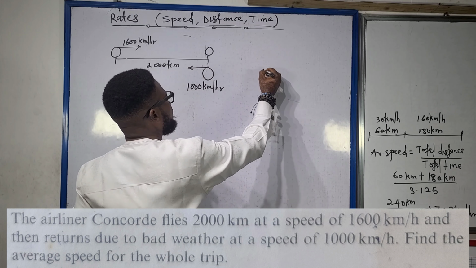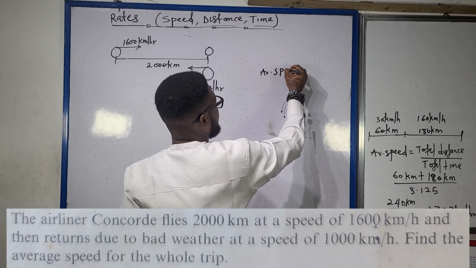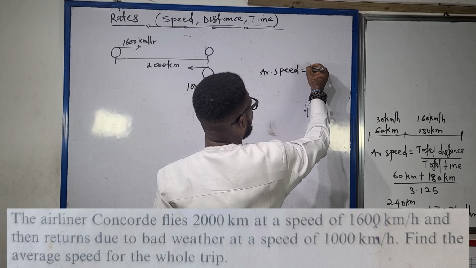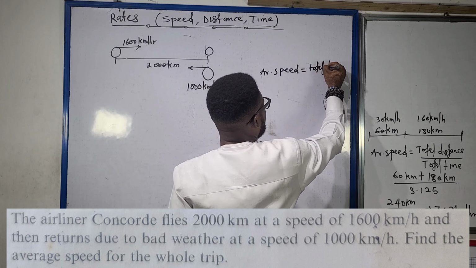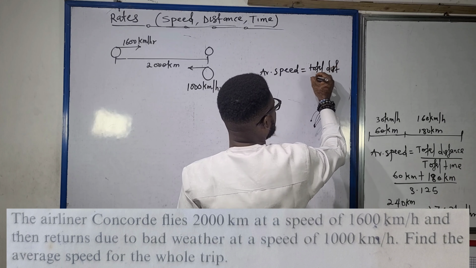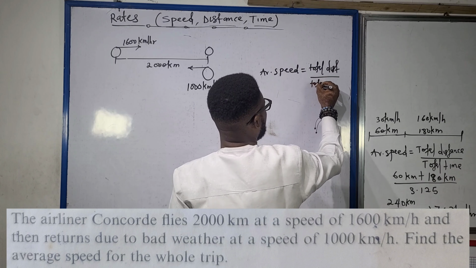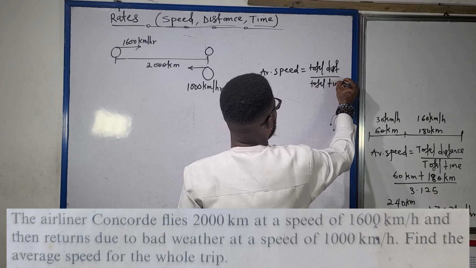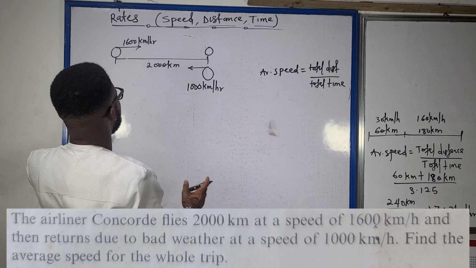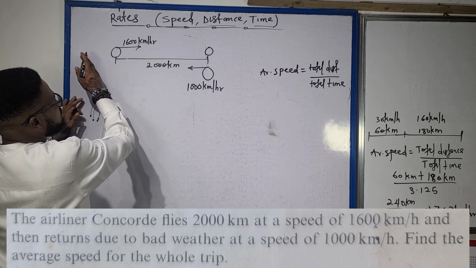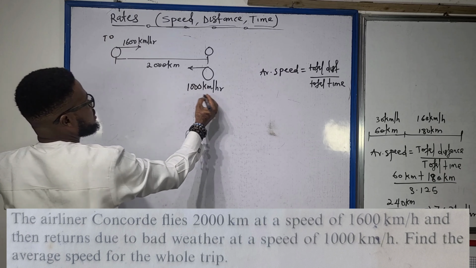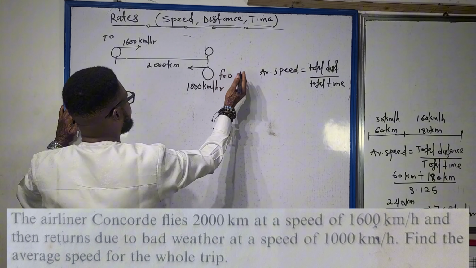If you're looking for average speed, it is usually total distance divided by total time. Now looking at this, this is to and this is fro, returning.